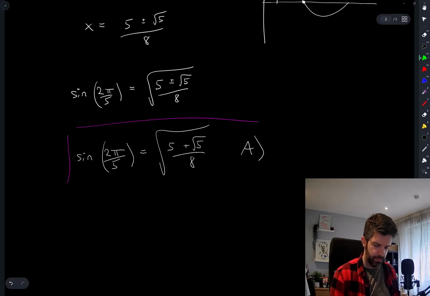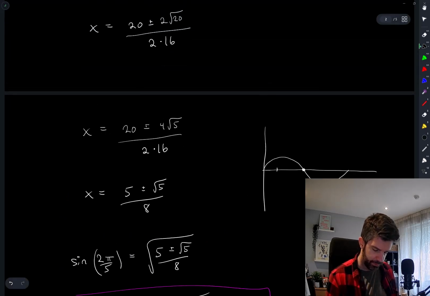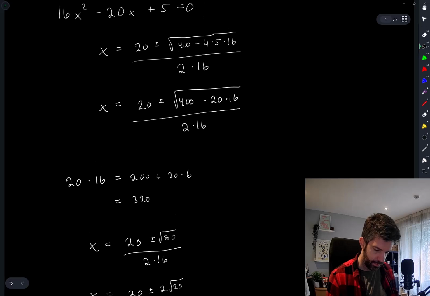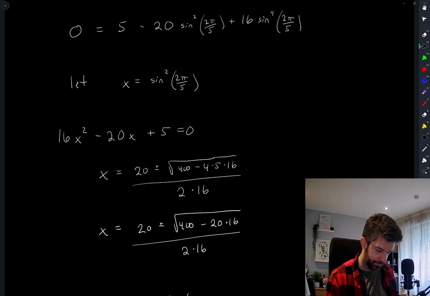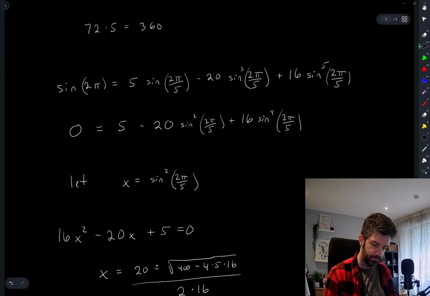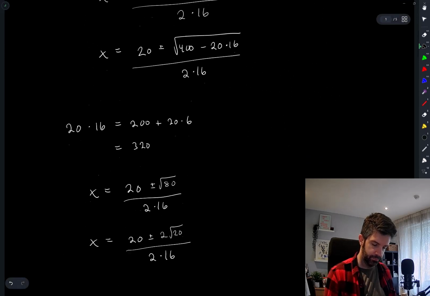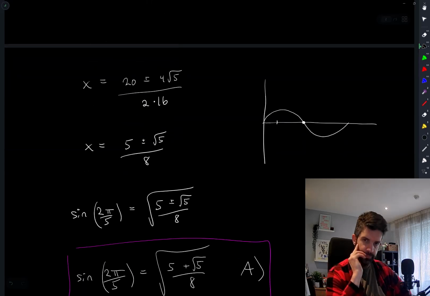But where do we immediately rule out that option? Like, where is the other? What does the other root correspond to?